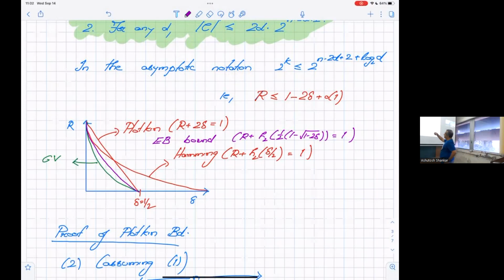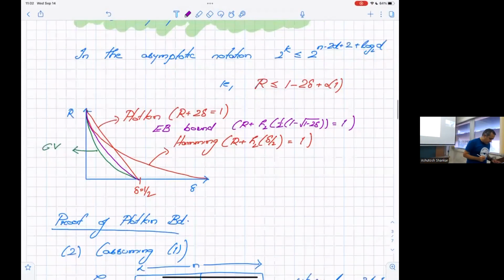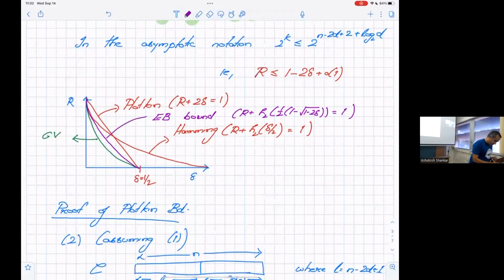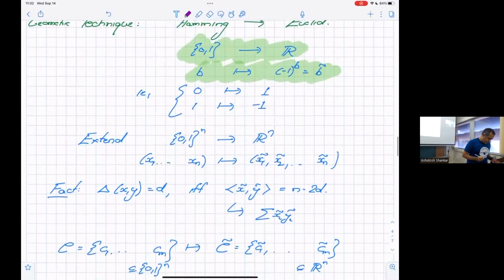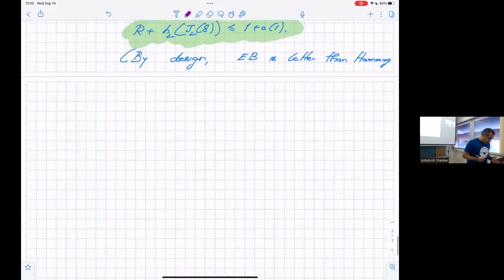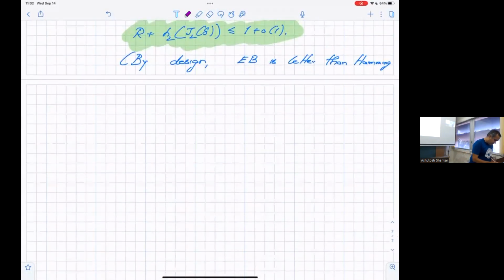So the EB bound is this violet curve, which is below the Plotkin curve and the Hamming bound, by a convexity argument, and that's better than either of them.